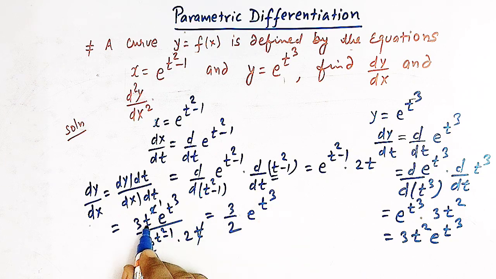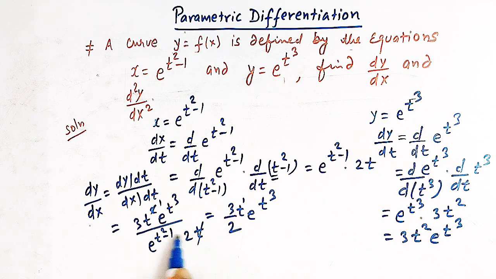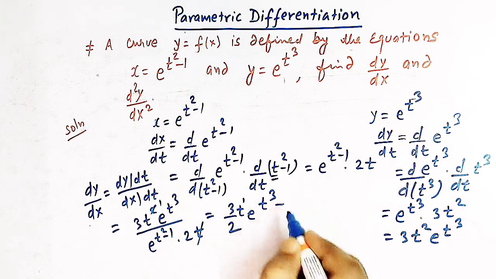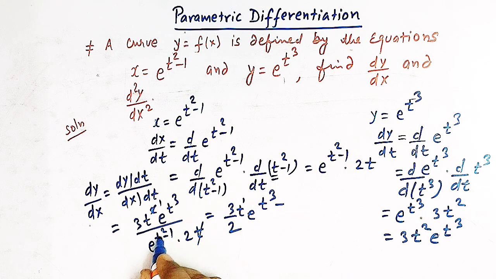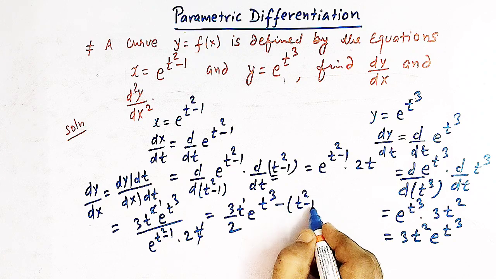and here we have t raised to 1 because t square over t leaves one t, and then we can take e raised to (t square minus 1) to the numerator. So we have minus (t square minus 1).